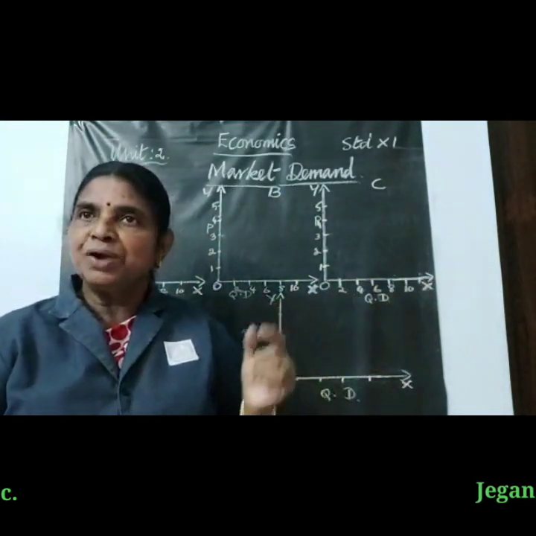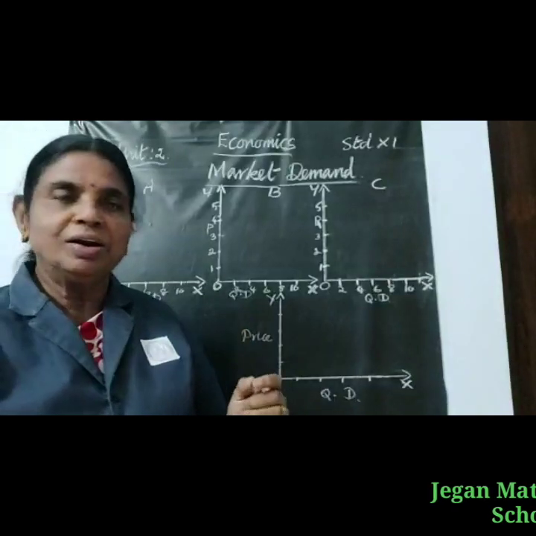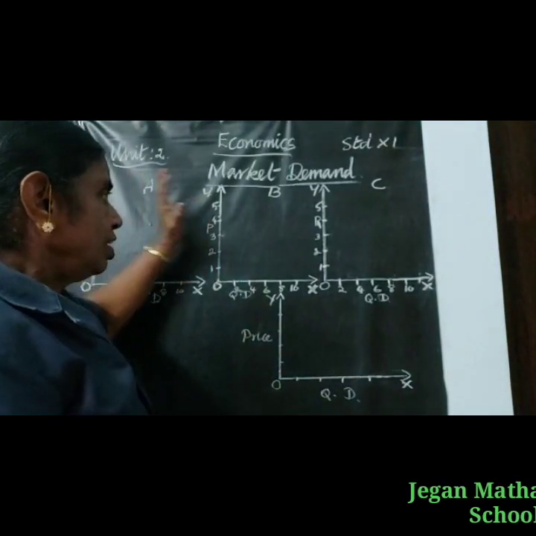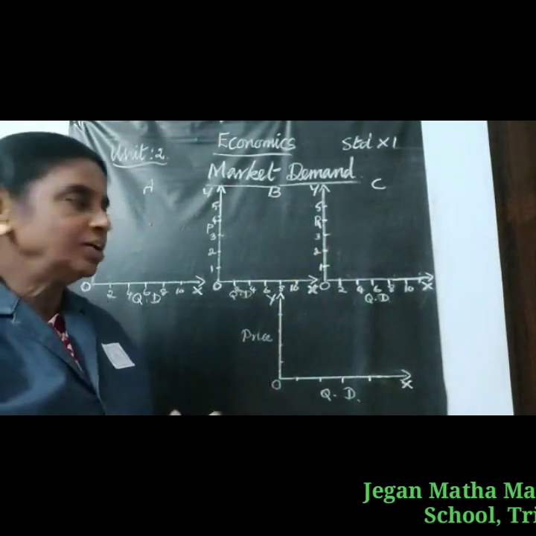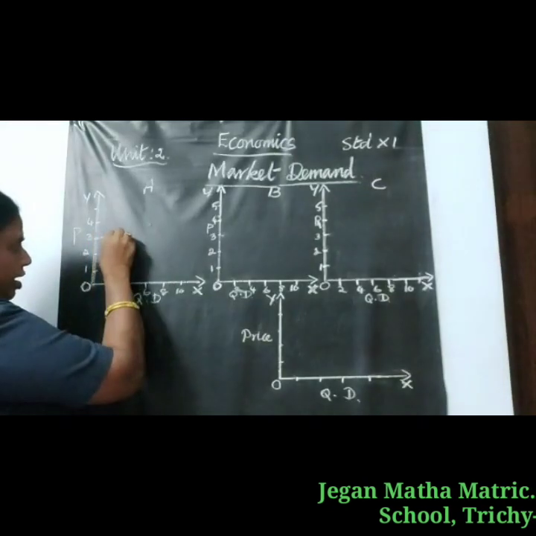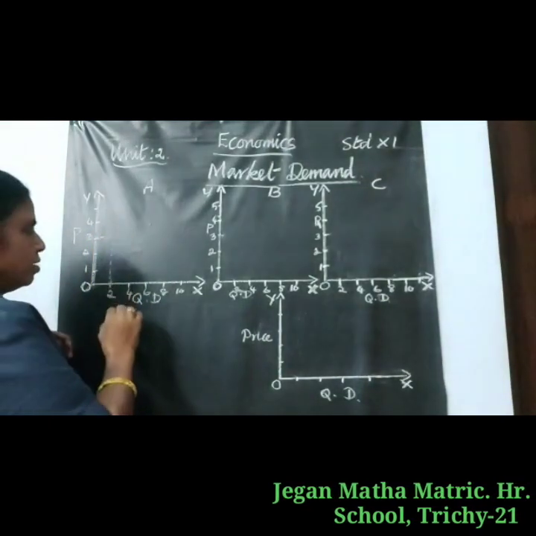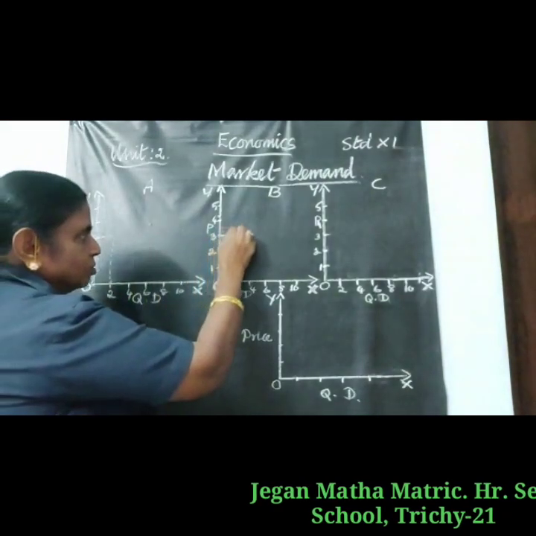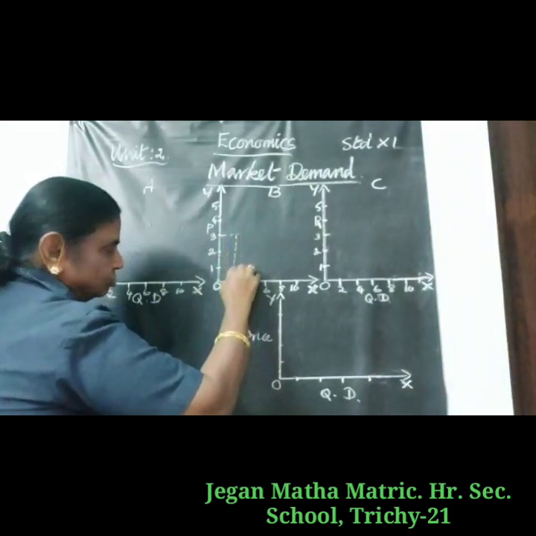When the price is rupees 3, what is the demand of individuals A, B and C? That's what we are going to calculate first. When the price is rupees 3, A is willing to buy only 2. And when the price is rupees 3, B is also willing to buy only 2.